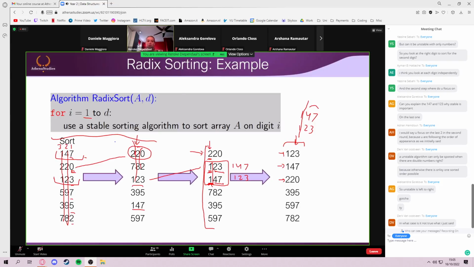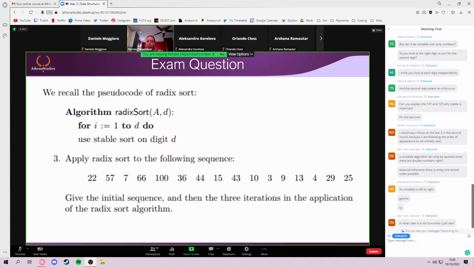Right, like what we did, we had 3 digits over here, and we had to sort it 3 times. So it depends on the algorithm that you use to sort it. Let me know if there are any questions, but I kind of wanted to do the exam question now.